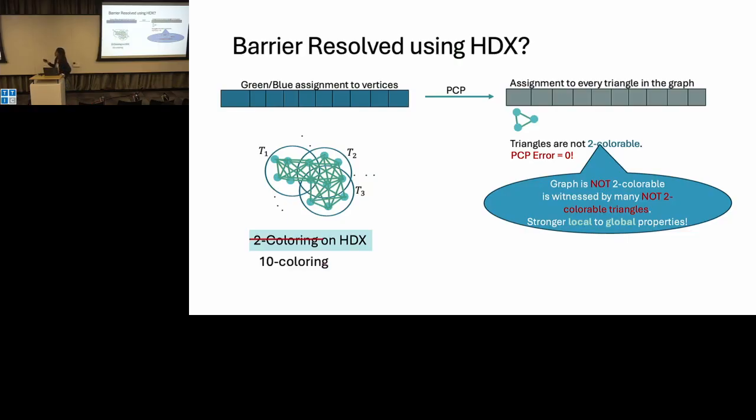But of course, we would like to consider not just two coloring, but also 3 coloring, 10 coloring, and so on. So what would be the PCP error in this case? You want to consider arbitrary 2 CSPs on these graphs. We want to show that if you take any 2 CSP here, we have a PCP with small error for that.